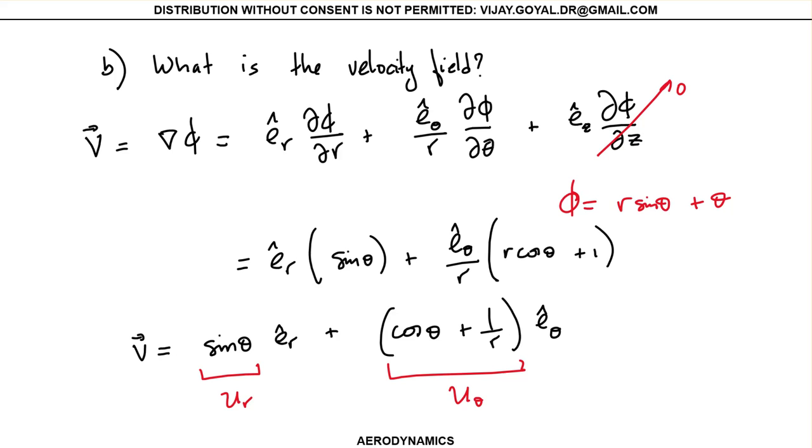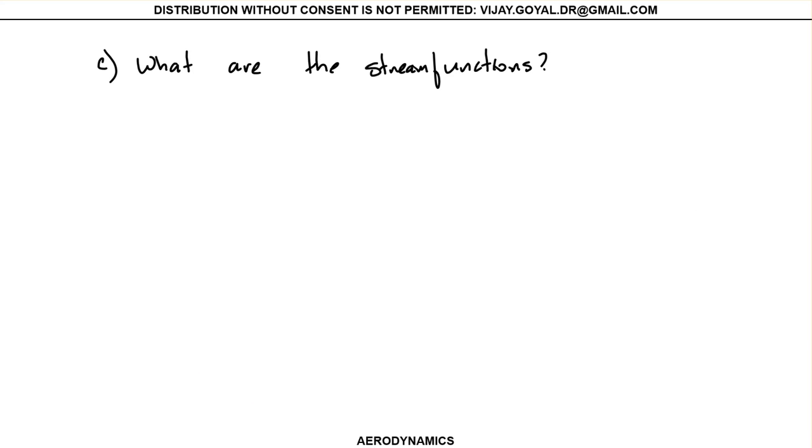Okay? Now the next question asks, what are the stream functions? Before we find the stream functions, we have to make sure the continuity equation is satisfied, right? So we want to ensure that this is actually equal to 0, and it should because the potential exists. Remember, this came from the fact that this is equal to this. When I'm telling you that the flow has a potential, this continuity equation is automatically satisfied.